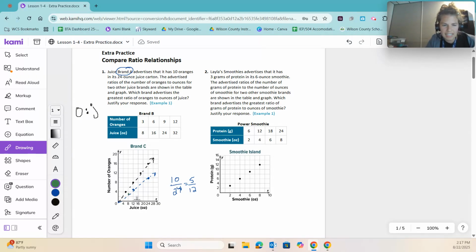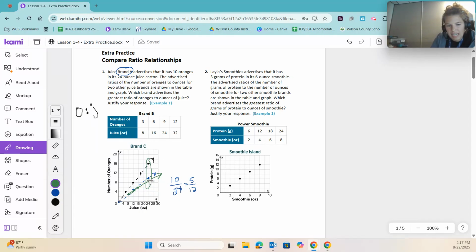And then 6 oranges was 16 ounces here. 16 ounces was 6. 9 oranges at 24. Okay, so that was really close to this bottom one here, but a little less. So we notice all 3 of them actually have dots here at the 24.